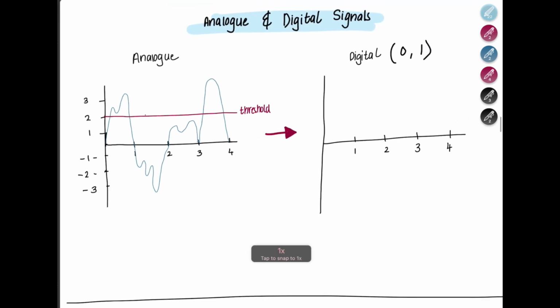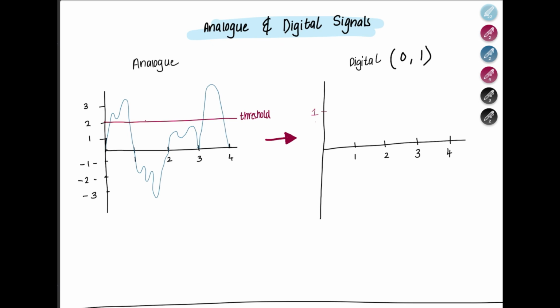So let's try to draw the graph. This is 1. So we can see that from the region between 0 and 1, our values are greater than 2, right? We have a positive value like this. What about between regions 1 and 2? Now 1 and 2, obviously they all fall below the threshold, so it's going to be 0. It remains like this.